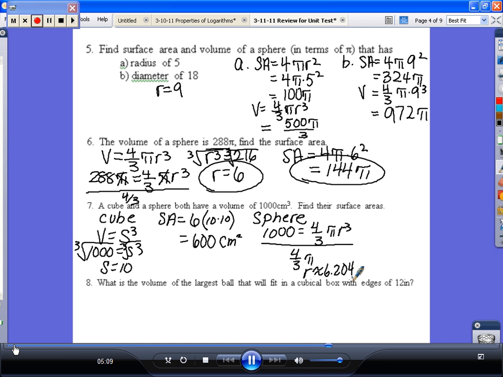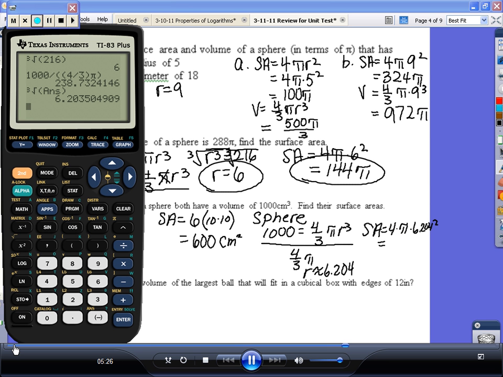Okay, now I'm going to take that radius of 6.204 and plug it into my surface area formula. So surface area equals 4 times pi times 6.204 squared, and I kind of squeezed that in, sorry about that. And then you just evaluate that whole thing. I'm going to square 6.204 first, and then I'm going to multiply that by pi and by 4.